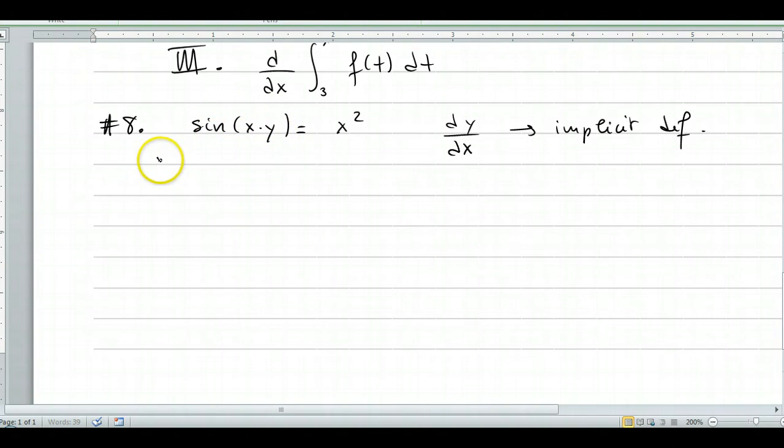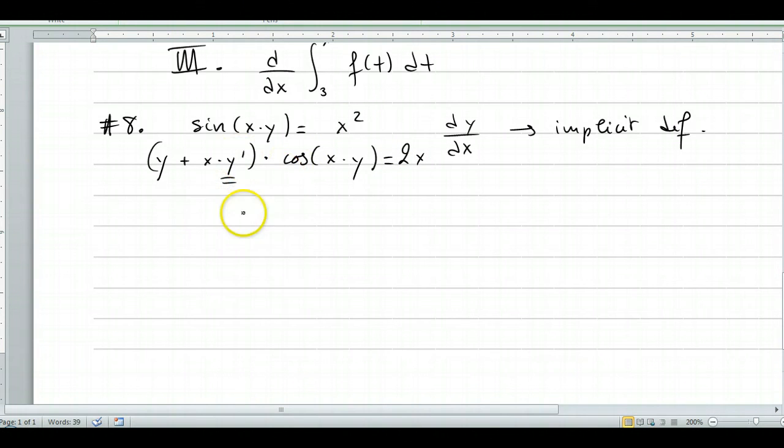U prime v, that's y, plus u v prime, x y prime, times the derivative of sine, which is cosine at the function xy, equals the derivative of the right side, which is 2x. Okay, I need y prime. I know what I have to do. I have to solve for y prime. So this is y plus x y prime equals 2x divided by cosine of xy.